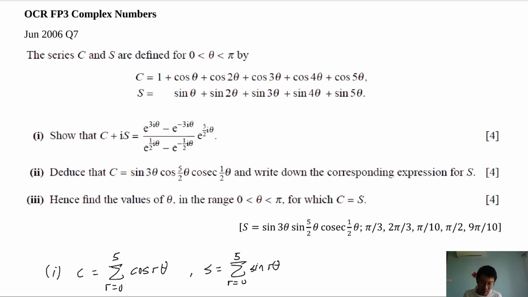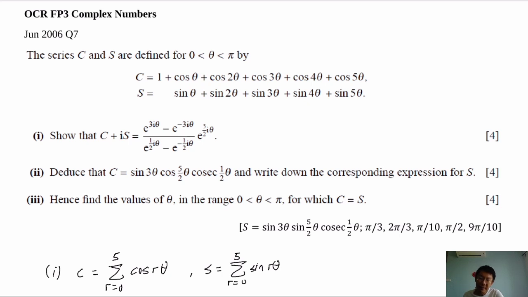So this is when we look at them separately, and when we add them together, we get cos plus i sine theta. This is to sum them together. So we have cos r theta plus i sine r theta. If we write them in exponent form, it will be e to the power of i r theta, where the sum is from r equals 0 to 5.